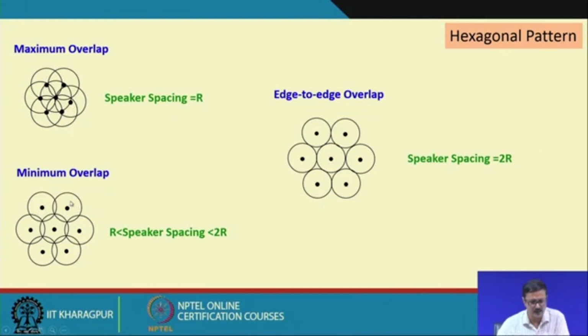There is overlap, but the spacing is a little bit away with respect to the maximum, and there may be an edge to edge kind of overlap like that. This particular uncovered area, compared to the square, is a little less; it is triangular. In that case the center to center distance becomes twice r, and in the case of the minimum overlap it is in between.